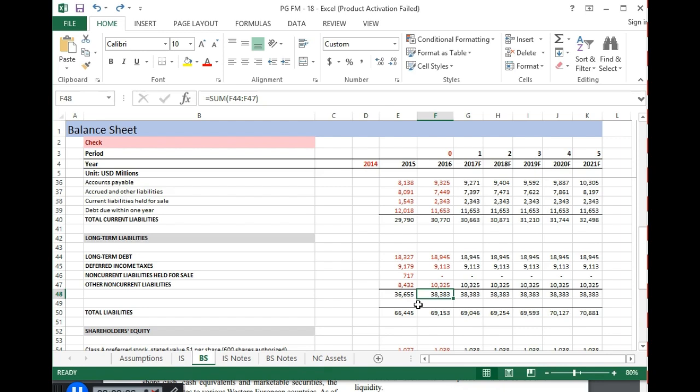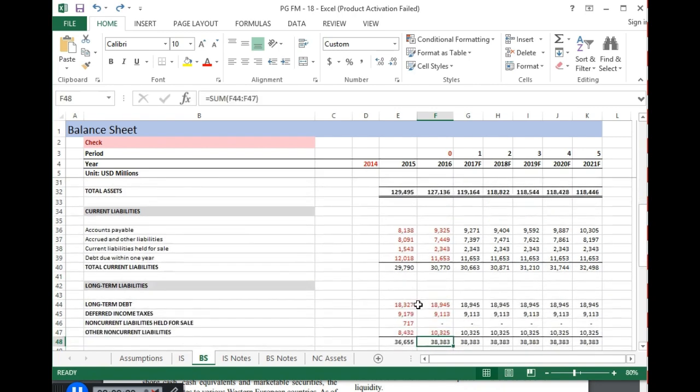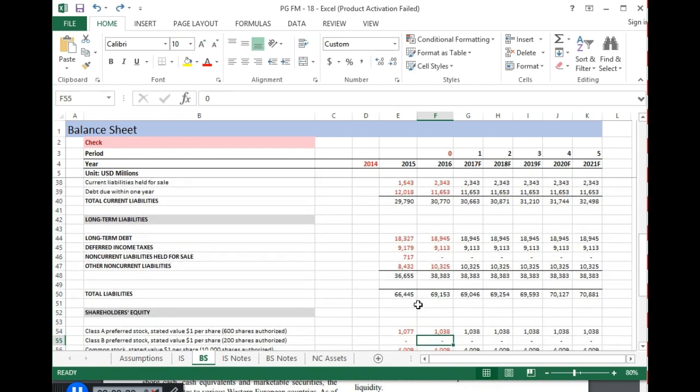As business grows, you will need more inventory and inventory will continue to grow. That and fixed asset, obviously, because fixed asset would tell you the capex, and you need to know about the capex to perform your valuation. Long-term deferred tax, non-current, and this will give you total liabilities.